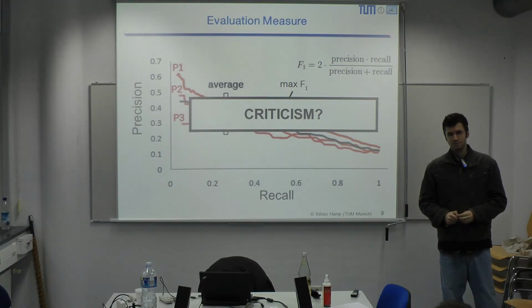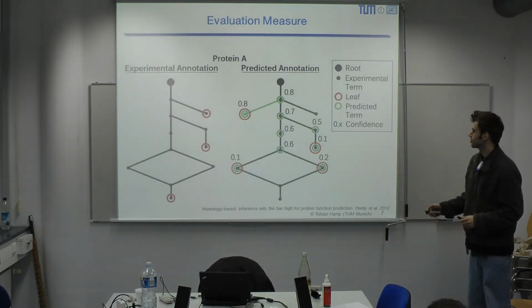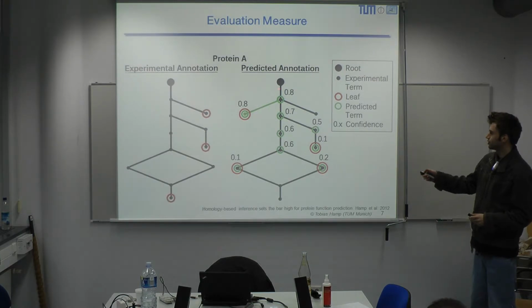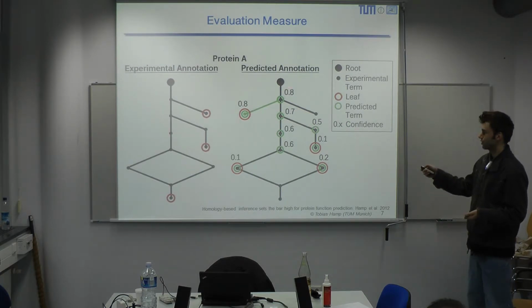Precision and recall are defined as the number of nodes we find out of the number of nodes. So precision and recall is always defined for one threshold. If you take the 0.8 threshold here, precision is the fraction of predictions that are correct. One of 2 in this case.